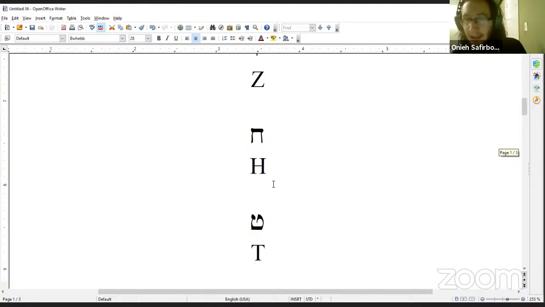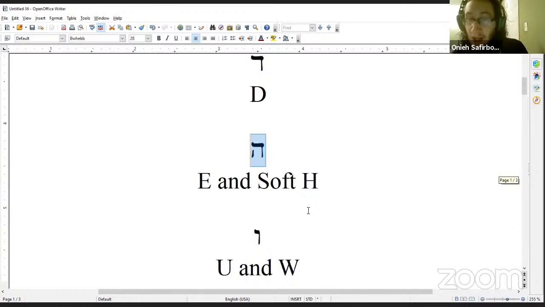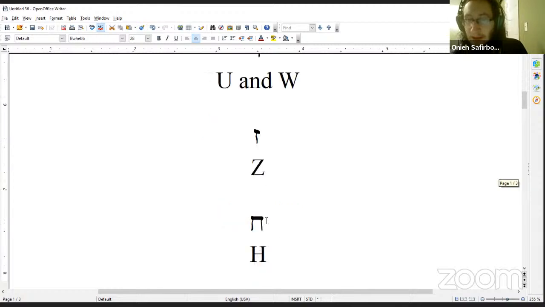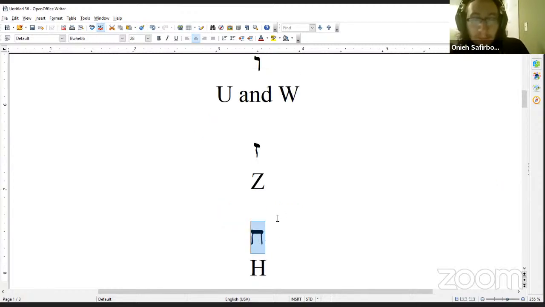But remember, I assigned the ch sound to Aleph, so I assigned that H sound that is normally assigned to Hey to the letter Het.